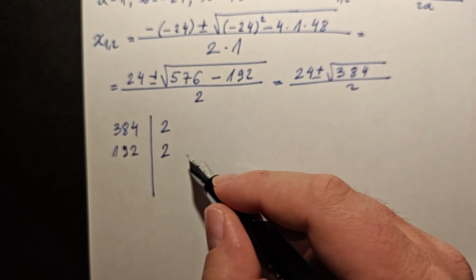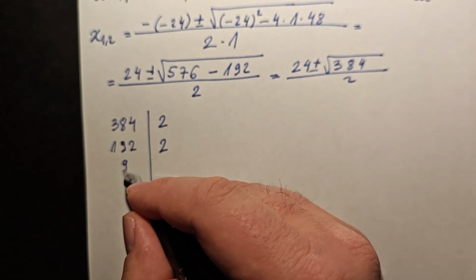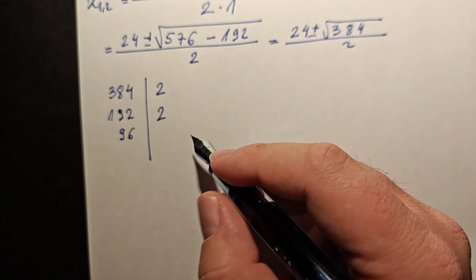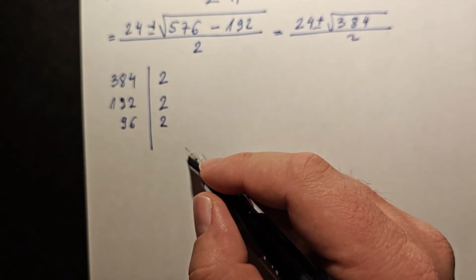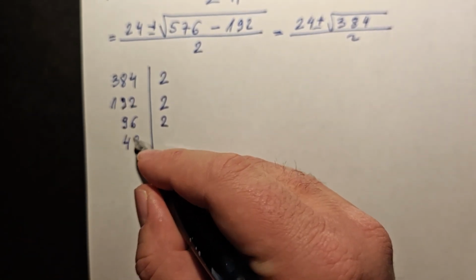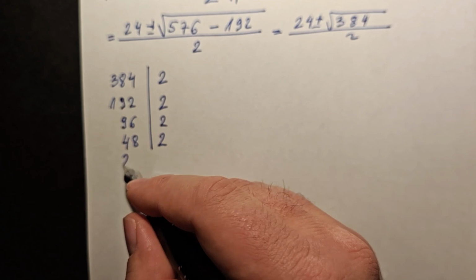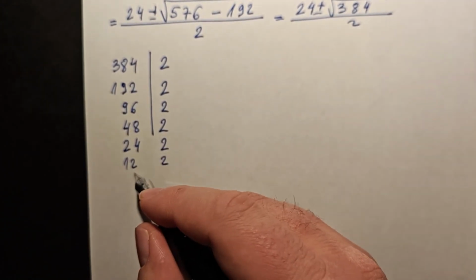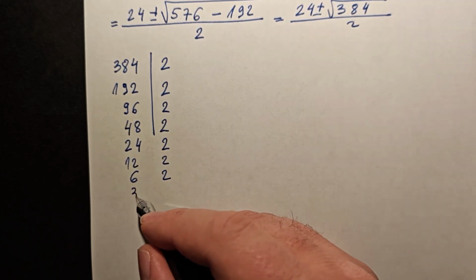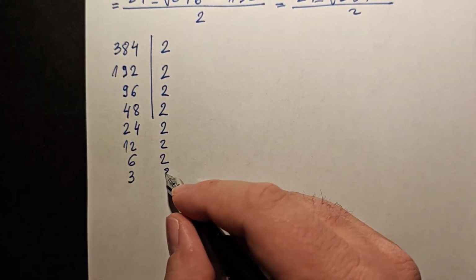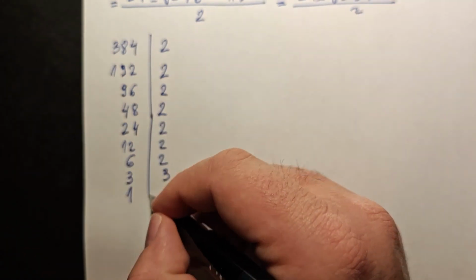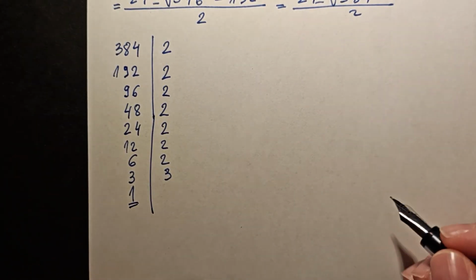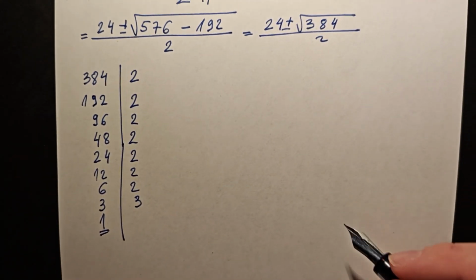That is again divisible by 2, and as a result we get 96, which is again divisible by 2 and we get 48. By 2 again, 24, by 2 is 12, by 2 is 6, by 2 is 3, and 3 is divisible by 3, after which we get 1. We got 1, so that is the end of the algorithm.